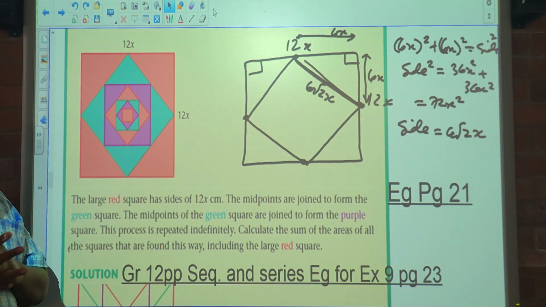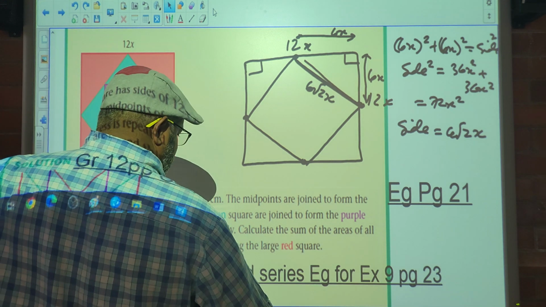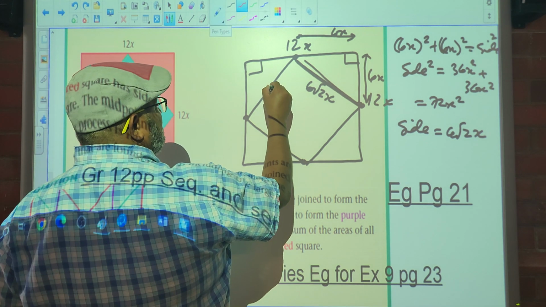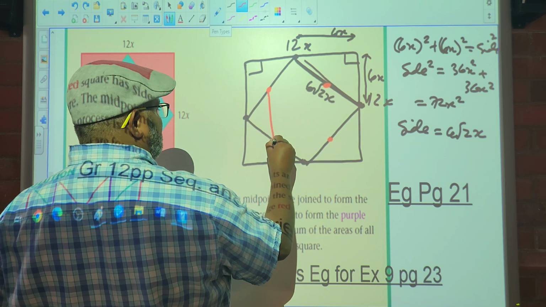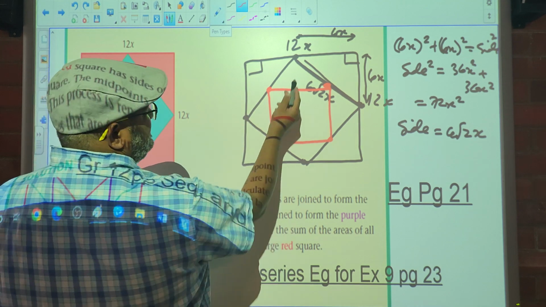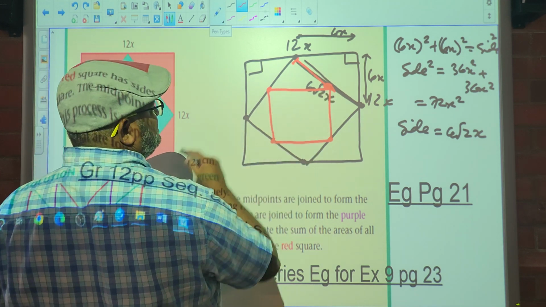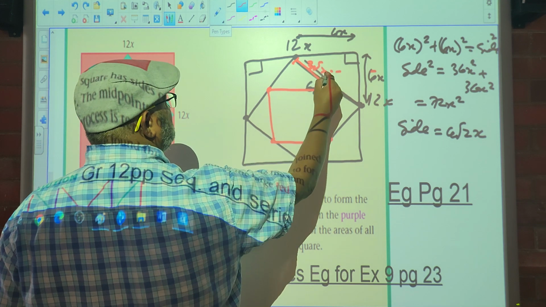Guys, get the idea. Then we are told that the midpoints of the green square are joined to form the purple square. So again, we take the midpoint here, there, there and there. We join those. So what's the length from there to there now? 3 root 2x, not so?